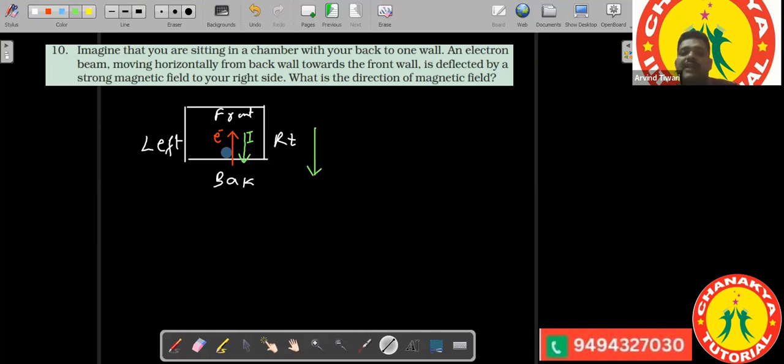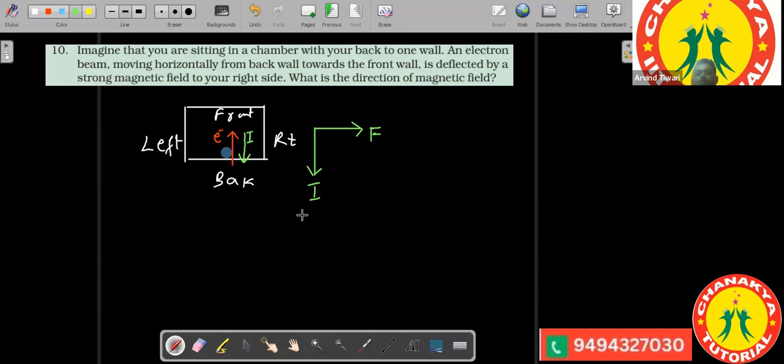So this is the direction of force experienced. So this is your force and this is your current. Now what should be the direction of field then?